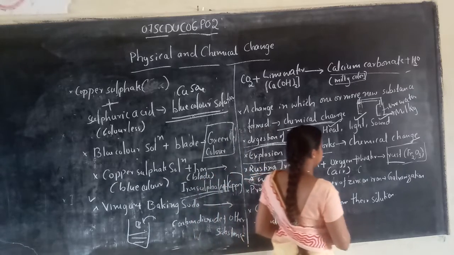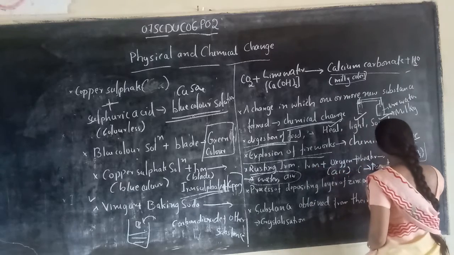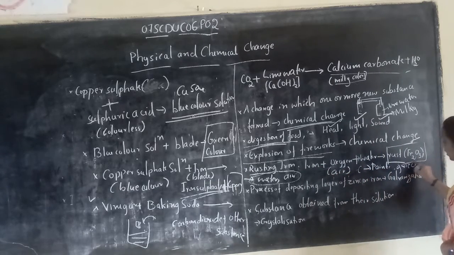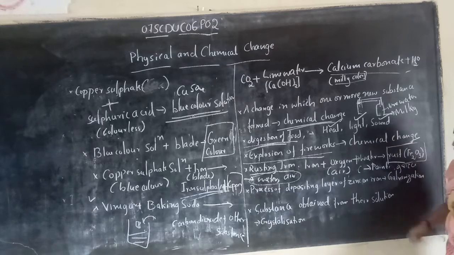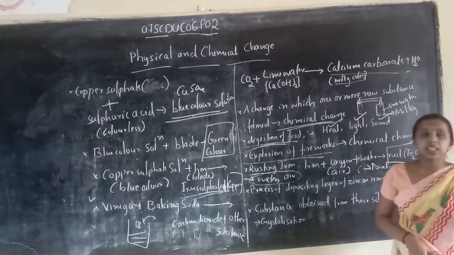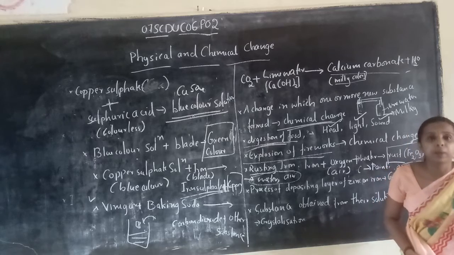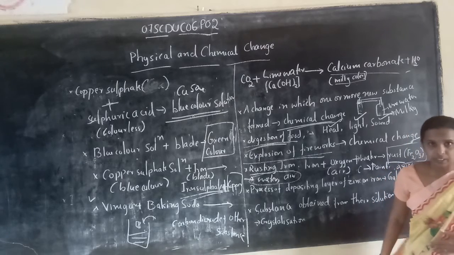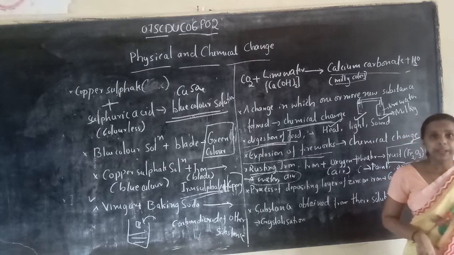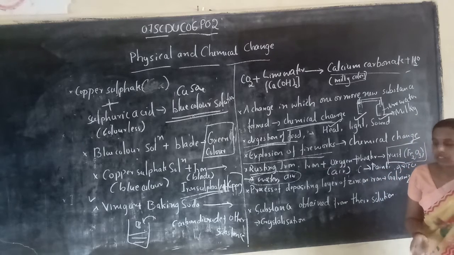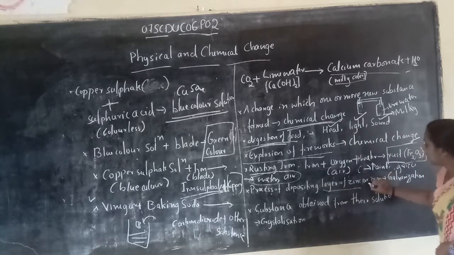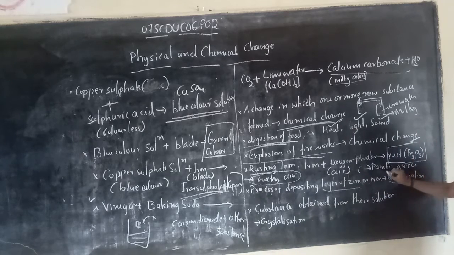We paint or add some grease, etc. Why? Because we have to protect iron from rusting. So when iron is placed in open air, we always protect it from the rusting process. So the process of depositing a layer of zinc on iron is called galvanization.